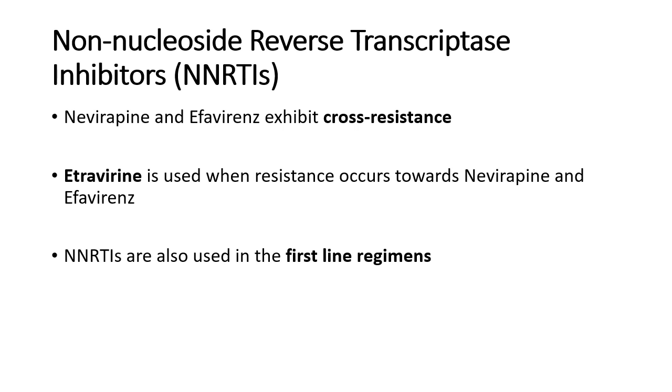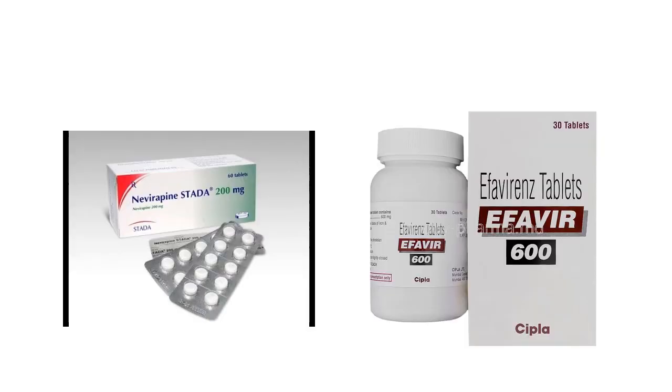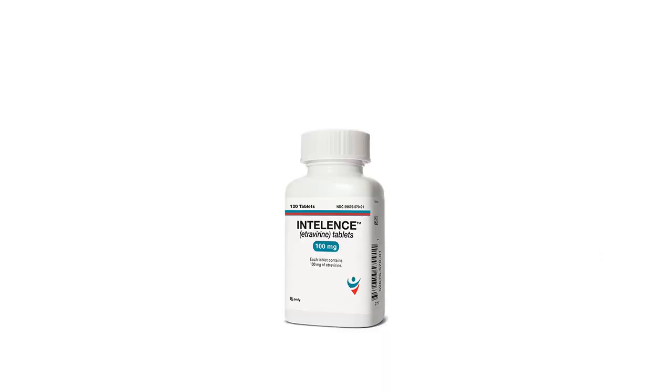And NNRTIs are also used in first line antiretroviral regimens. Nevirapine and efavirenz tablets, both these drugs are non-nucleoside reverse transcriptase inhibitors. They don't need to be activated for their action. Etravirin is used whenever there is resistance to either efavirenz or nevirapine.